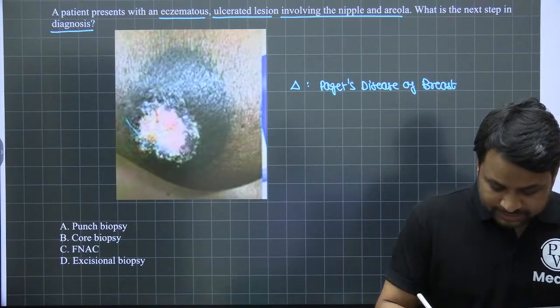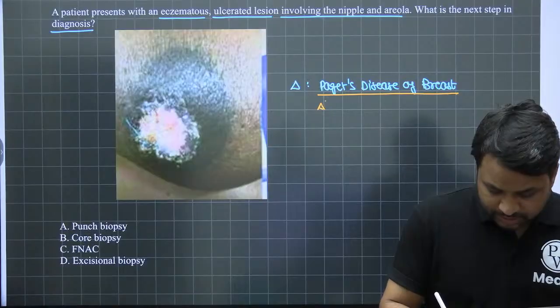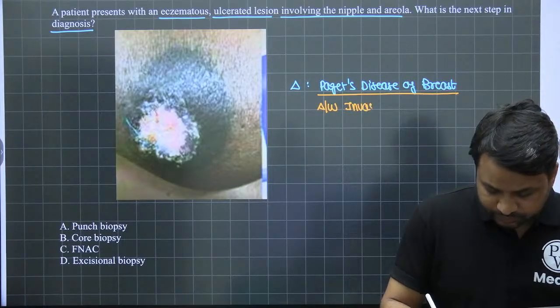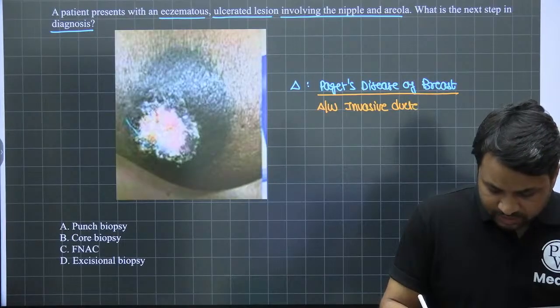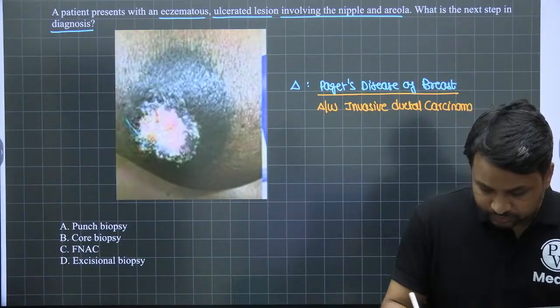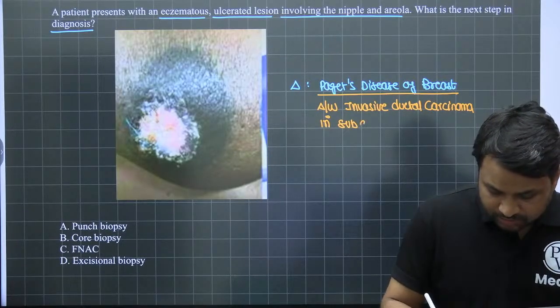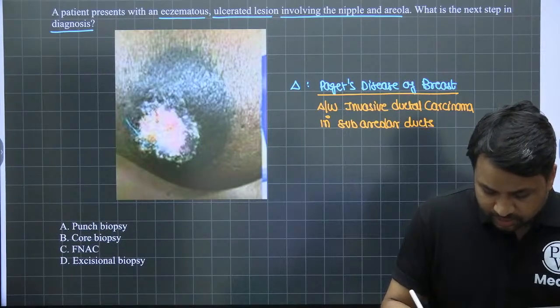Paget's disease is because of an underlying malignancy, associated with invasive ductal carcinoma arising from the subareolar ducts.